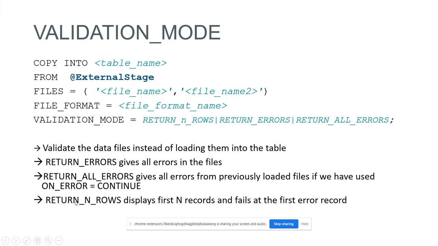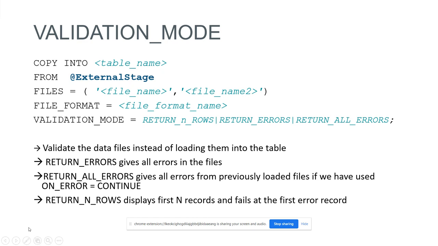The last option is return n rows. Whenever we put validation mode equals return n rows, it will display the first n records and fails at the first error record. That means when I specify return 10 rows, it will try to fetch the first 10 rows from the file, and whenever the first error occurs, this will fail. That means if at row number 5 or 6 it encounters any error, then the command will fail.